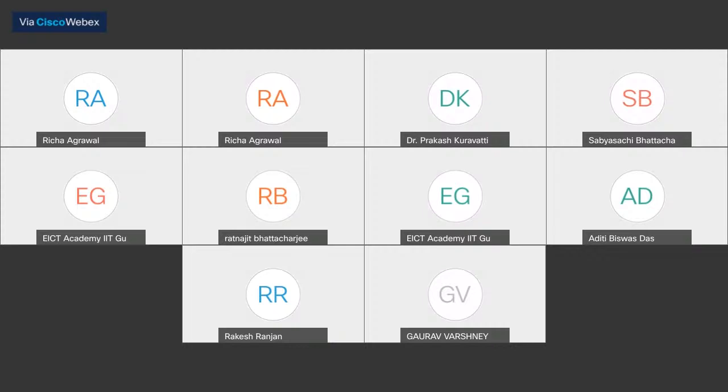Yes, sir. Sir, what's the difference between massive MIMO antenna and smart antenna? Massive MIMO, it must have been explained. This is a different philosophy. A smart antenna is an antenna system where each antenna is connected with a separate radio chain. If it is a transmitting antenna, then you have a power amplifier and a mixer for every antenna.